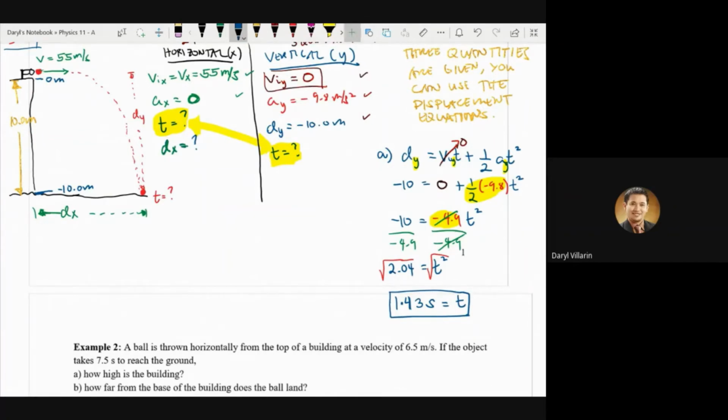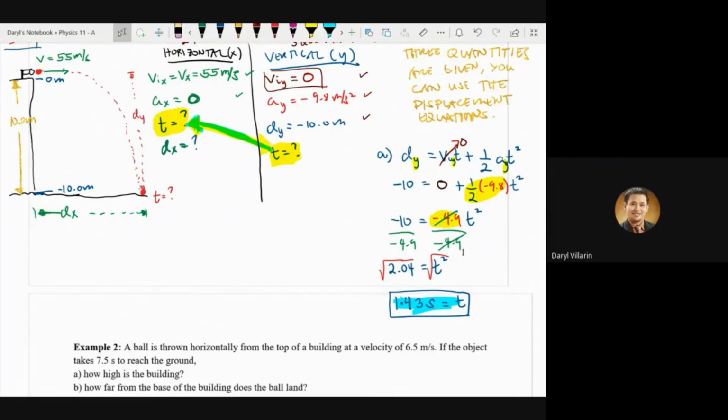Now, as I've mentioned, whatever this time is here, you can use on the other side. Whatever the time is here, that means that along x, if you take note of the horizontal motion of the object, it will also reach here at that particular time, 1.43 seconds.